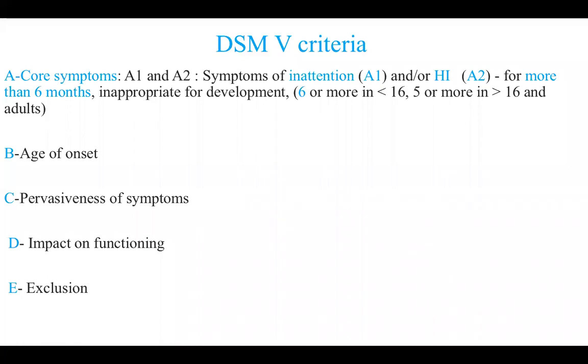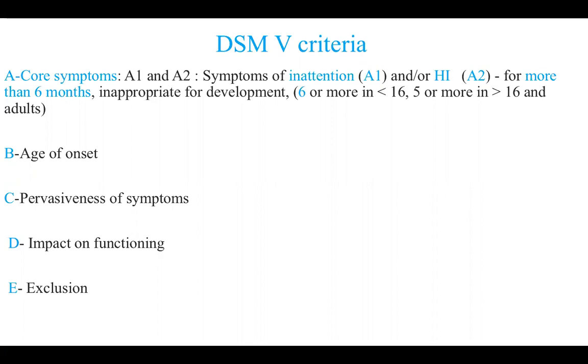There are 9 symptoms given in each, and if the child has 6 out of 9 in A1, then we say that the child has inattention. If there are 6 out of 9 in the A2 criteria, then we say the child has HI.